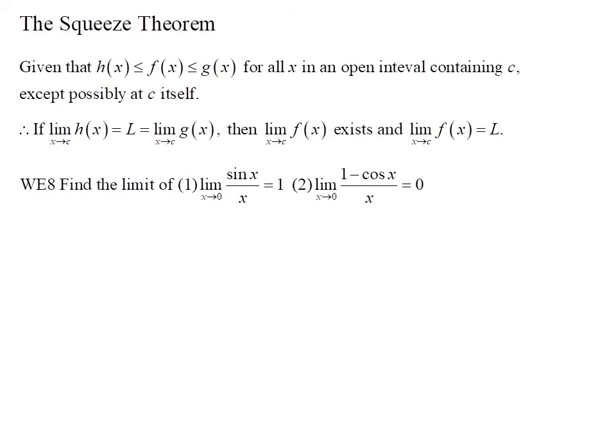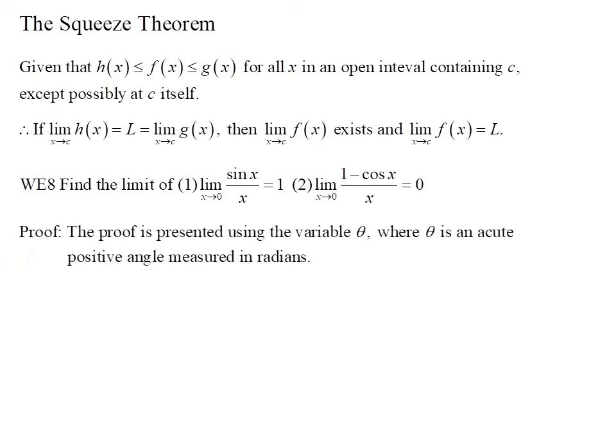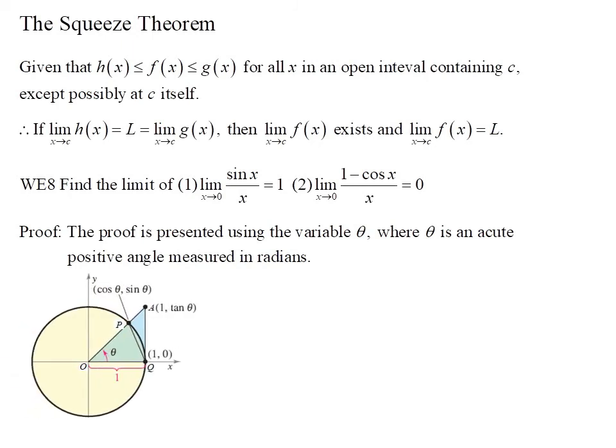The proof is based on the unit circle with an acute positive angle theta, which is measured in radians as seen in the diagram. The coordinates at points A, P, and Q are (1, tangent theta), (cosine theta, sine theta), and (1, 0) respectively.